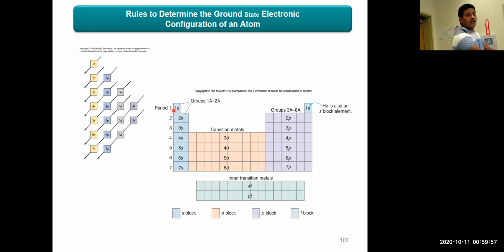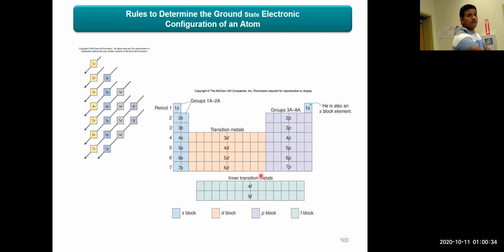And you can clearly see that the left side main group elements 1A, 2A have only s subshell orbitals, and the 6 main group columns on the right side have only p subshell orbitals, and all the transition metals have d subshell orbitals. And the excluded inner transition metals are 4f and 5f.